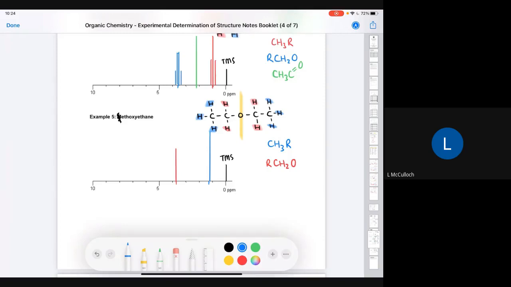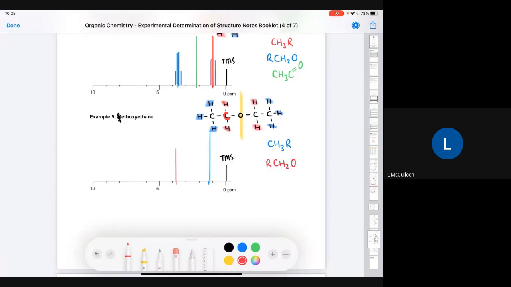Okay. And then what we're going to do is we're going to look at the splitting. So I'm just going to use the left-hand side of the molecule. So if we look at the red carbon, we're going to look and see what it's bonded to. So on the right-hand side, it's bonded to an oxygen, so the carbon can't see anything past that oxygen.